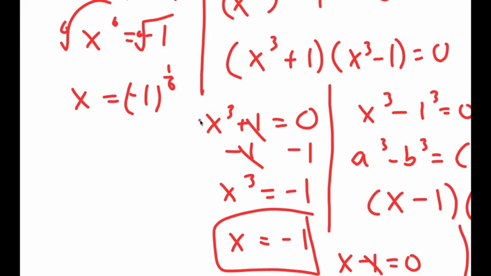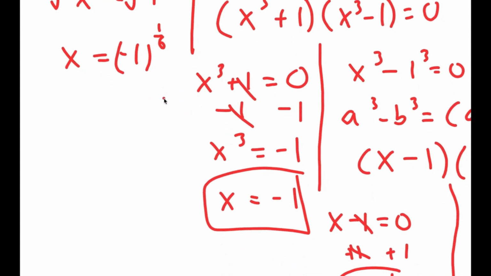So now, for the 6th root of negative 1, we know that i is equal to the square root of negative 1, which is equal to negative 1 to the power of 1/2.